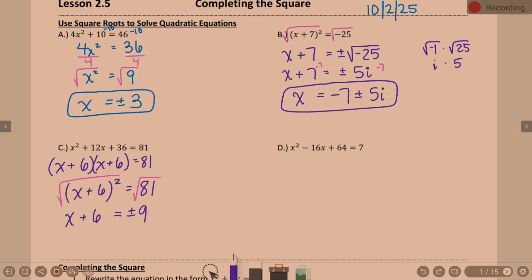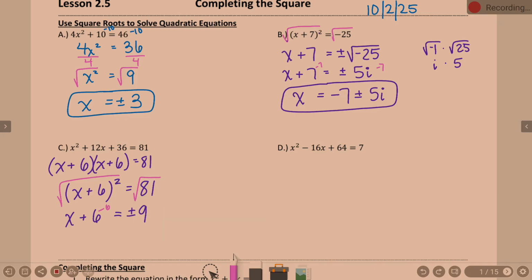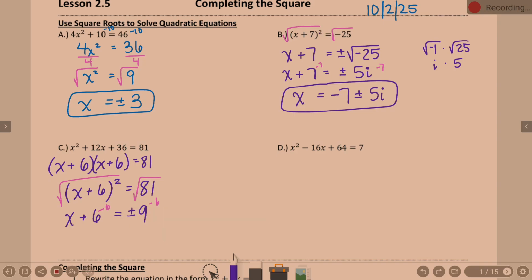What do we do to finish solving here? Okay, if it's x plus 6, we're going to subtract 6. For the meantime, I can write this as negative 6 plus or minus 9.